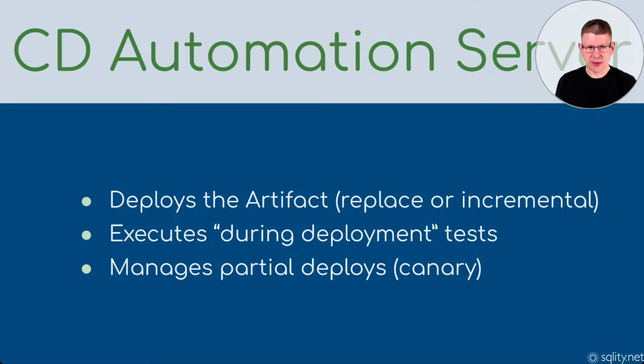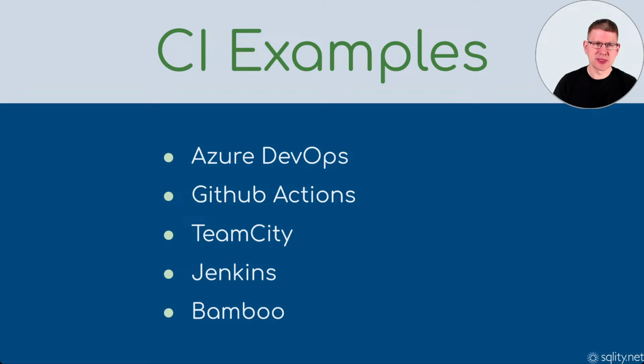And now finally, let's look at some examples. CI servers, you have Azure DevOps, which runs in the cloud. You have GitHub Actions, which also runs in the cloud. And then you have TeamCity, Jenkins, and Bamboo, which come as on-prem installations.